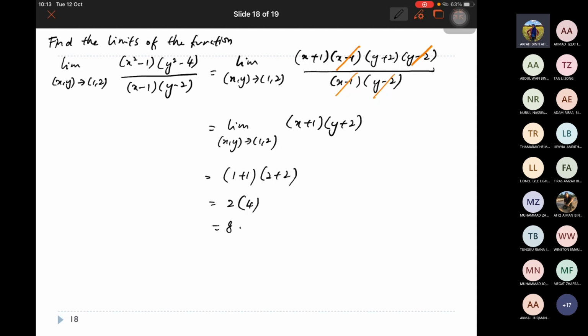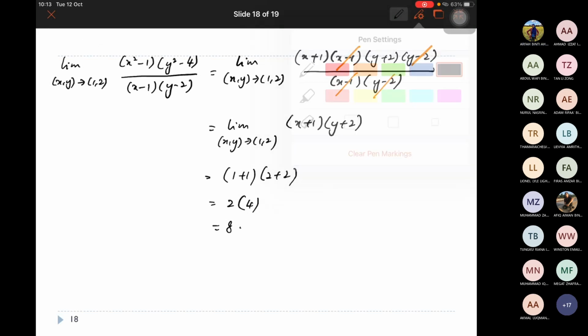Evaluate the indicated limit if it is exists.